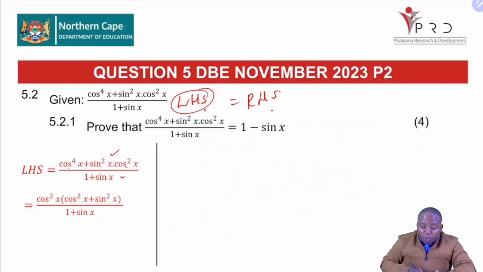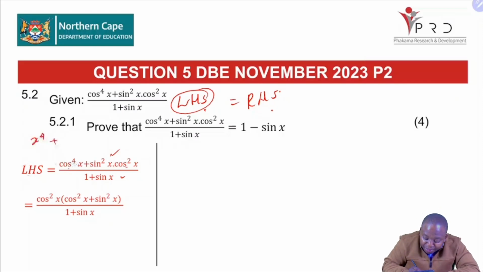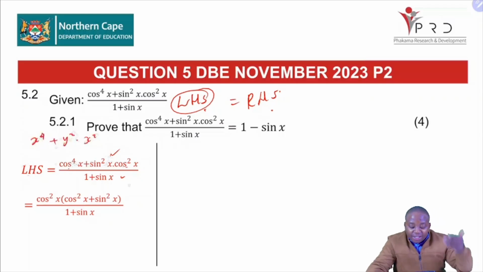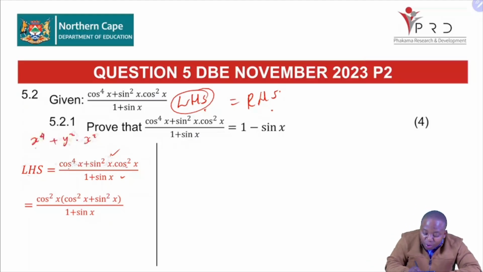algebra. How do we go to the algebra? We can actually make this cos x to be x. So we can say it's x to the power 4 plus maybe our sine, we can make it y, then y squared multiplied by x to the power 2. So if we let cos x be x and sin x be y, when I look at my numerator alone, I can see that I can pull out x squared as a common factor.